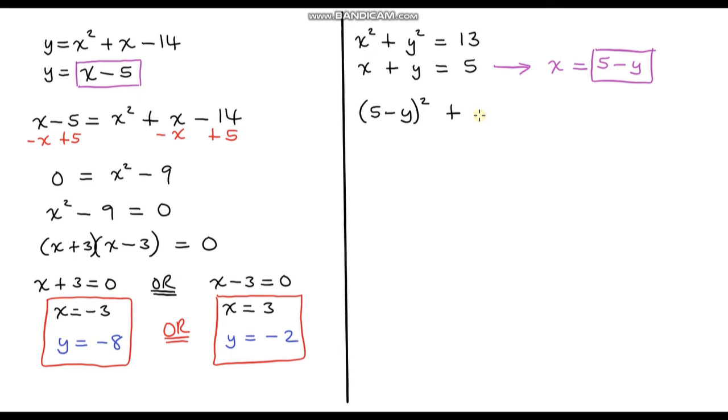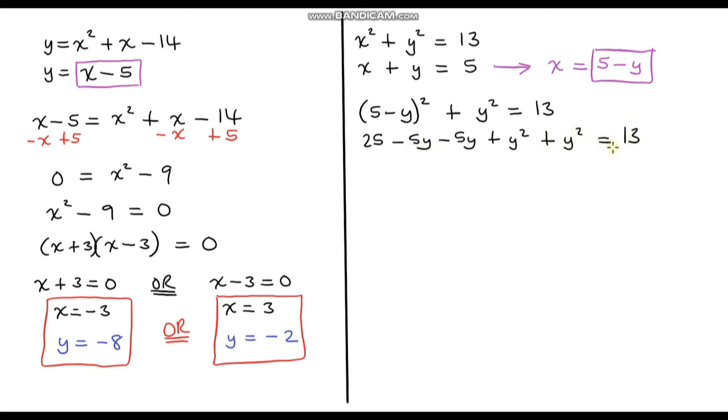And then we've got plus y squared equals 13. So if I expand the brackets, I'm going to be left with 25 minus 5y minus another 5y plus y squared. So that over here is all of the brackets that I've just expanded. And then we've got plus another y squared, and that equals 13.